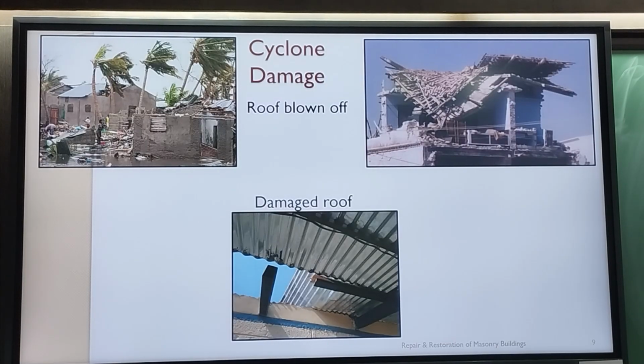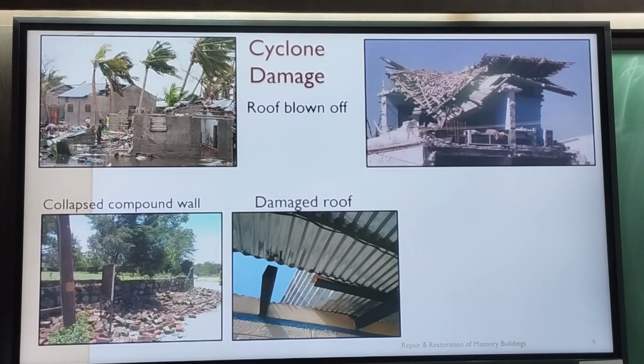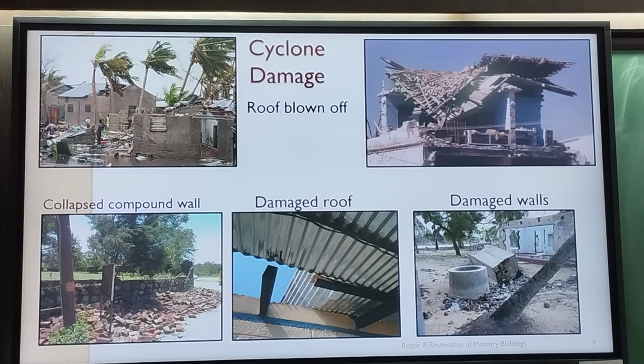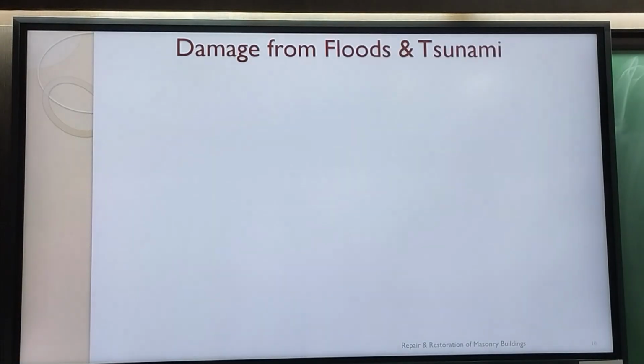Typically, the roof getting blown off is very common in buildings which have light or moderately heavy roofs. Also very common are compound walls getting blown off because they are freestanding and very vulnerable. And sometimes you can have the building walls collapsing for a variety of reasons.